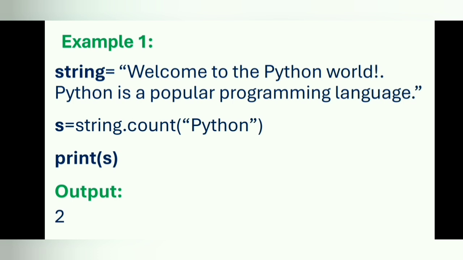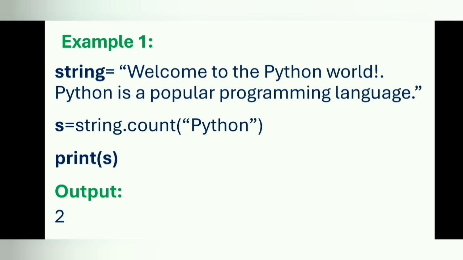Example 1. In this example, we assign the string value "welcome to Python world. Python is a popular programming language" to the variable string. In the following statement, we apply the string count method to this string by passing the substring Python as an argument and store the result in a variable s.